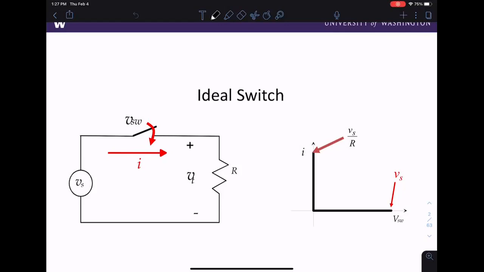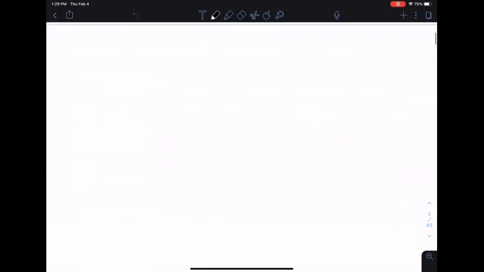There are no ideal switches in nature, but for us, we'll assume our switches are ideal. We'll talk a little about the impact of non-ideal switches, but for the most part, if we see, let's say, a bipolar transistor, that's an ideal switch for us. So this is our switch.